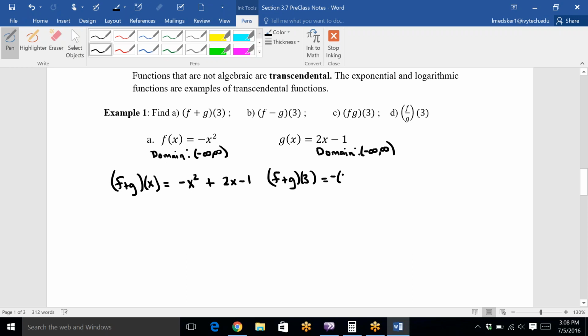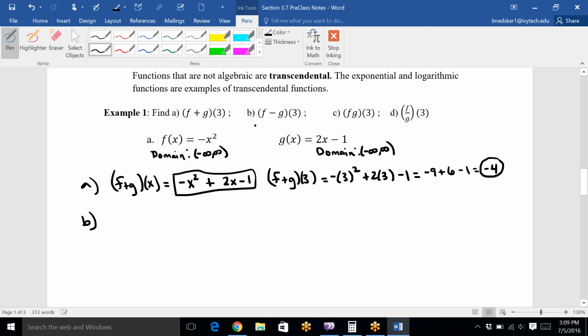So this would be negative 3 squared plus 2 times 3 minus 1. 3 squared is 9, but you have that negative out front, so that's negative 9 plus 6 minus 1. That would be negative 3 minus 1 more, so that is negative 4. So here's my function when I added, and there's the evaluation at 3. So this was part A.